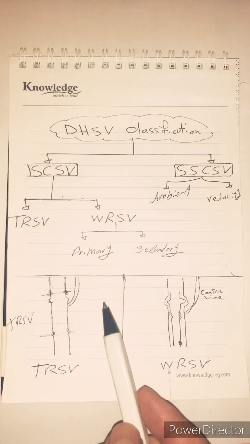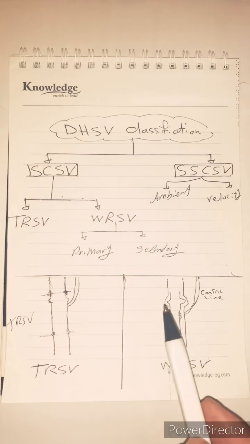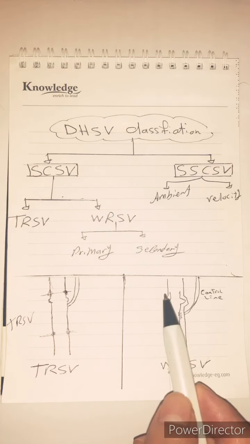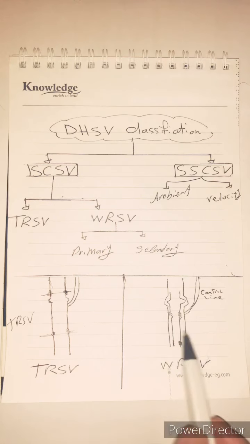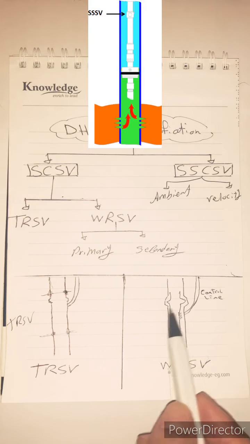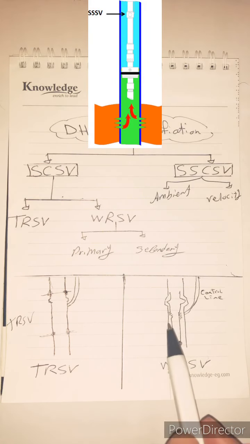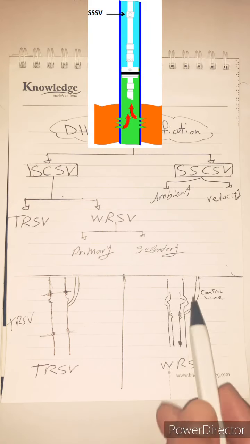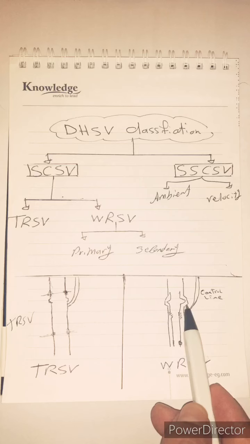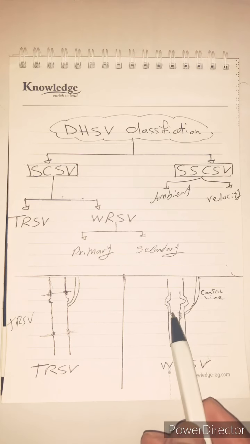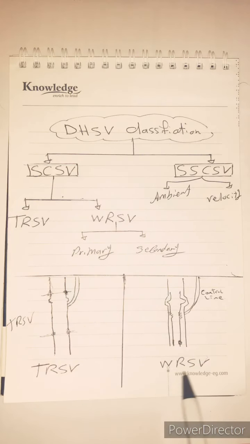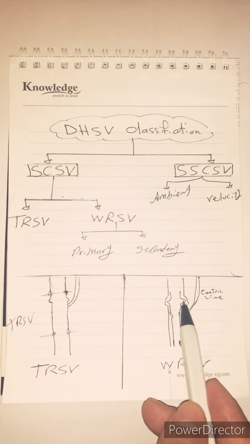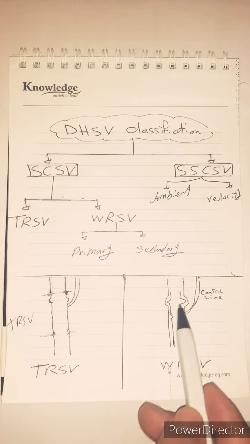But with wireline retrievable safety valve, the completion has only the recess, and there is no tubing retrievable safety valve in the completion, just the control line connected with the completion and the recess. This is the recess. To deploy and retrieve the wireline retrievable safety valve, a lock connects to this recess through the dogs.